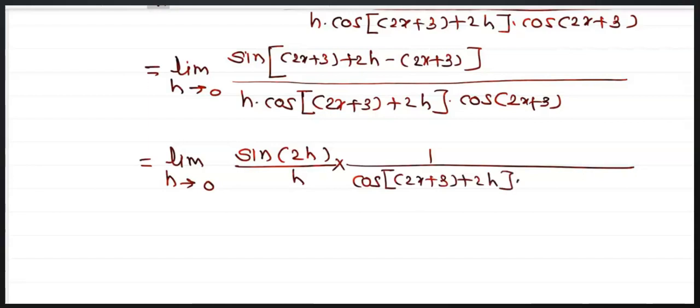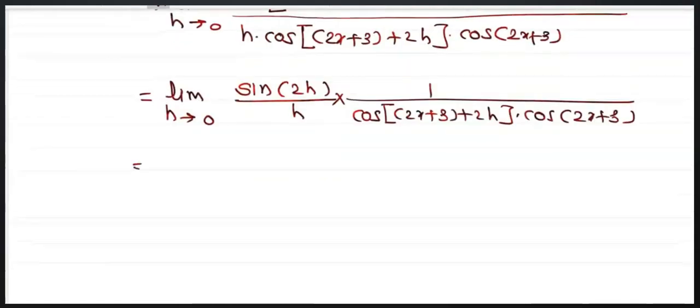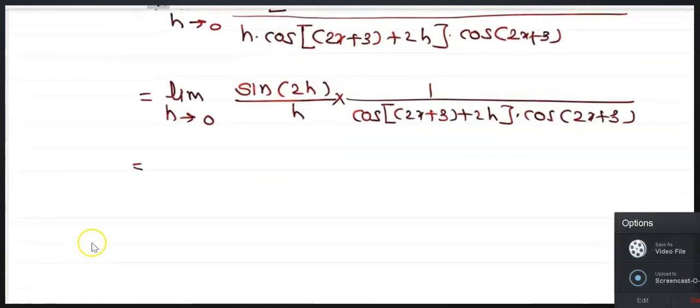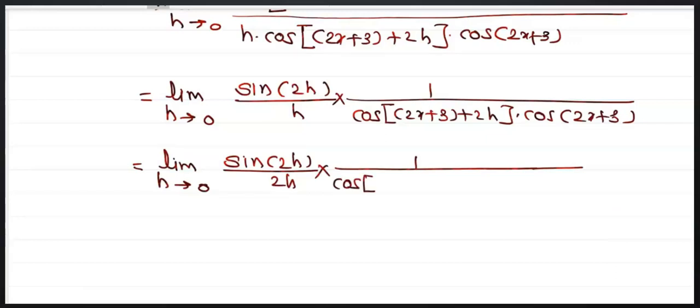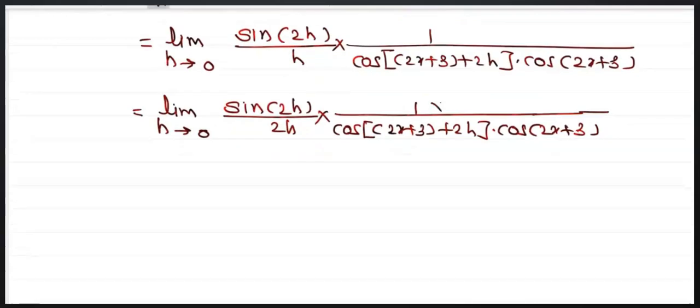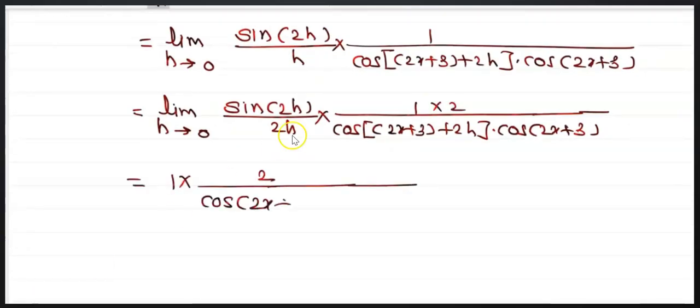Now adjust here 2. That is the sine of 2h upon 2h. The limit of this is 1. One thing is still remaining, that is we have to adjust 2 there. Adjusted here, that is a 2. The limit of this is 1.